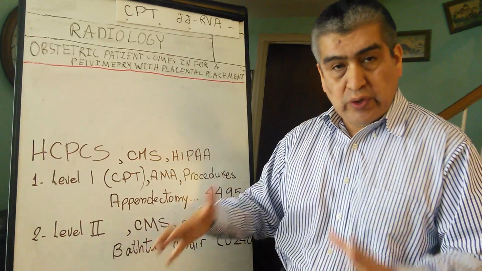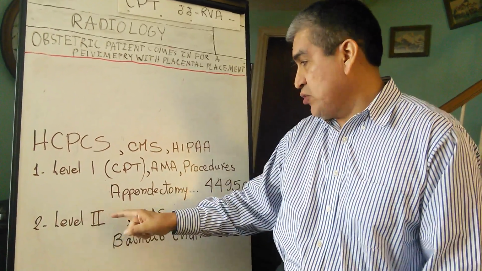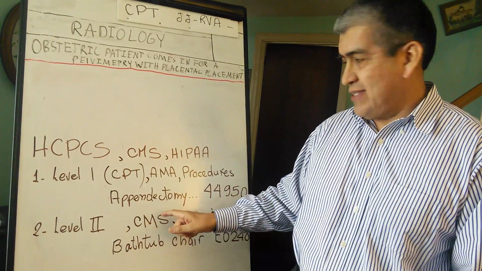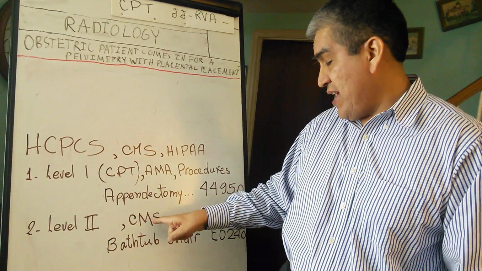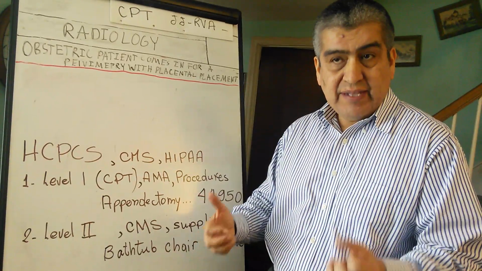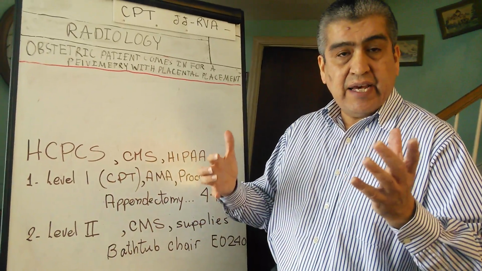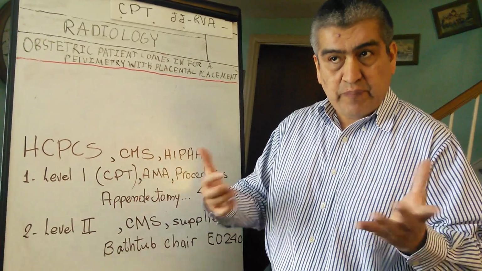Now, the level 2, this is what we're going to dedicate our time to now. Level 2 is maintained by CMS. Remember that level 1 is maintained by AMA, but level 2 is maintained by CMS, and it describes the supplies, the things that the doctor uses or orders in order for the patient to get better.